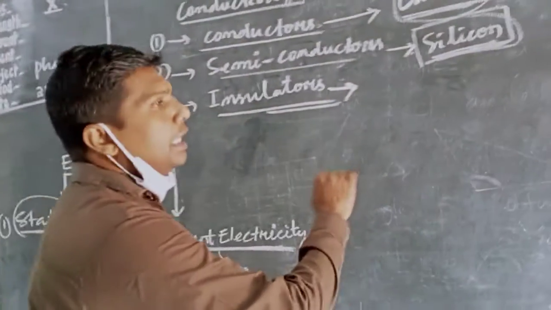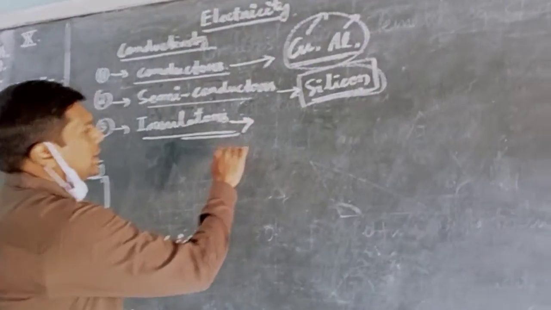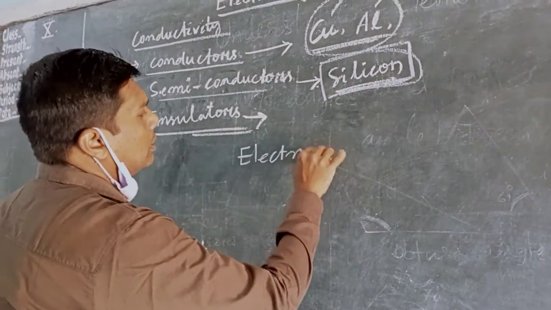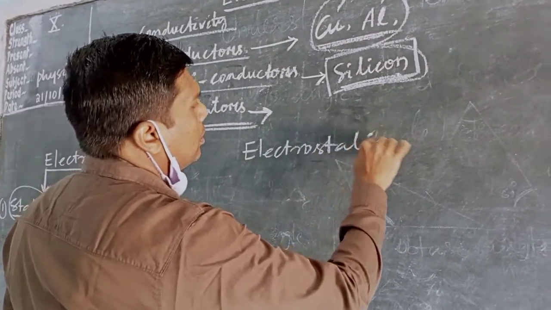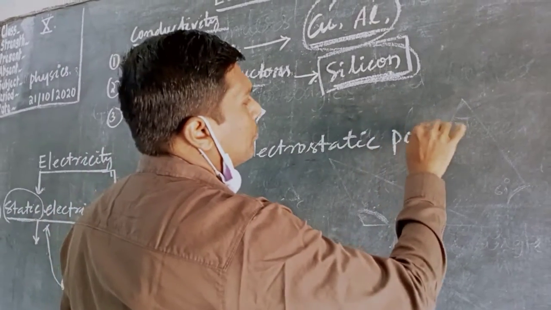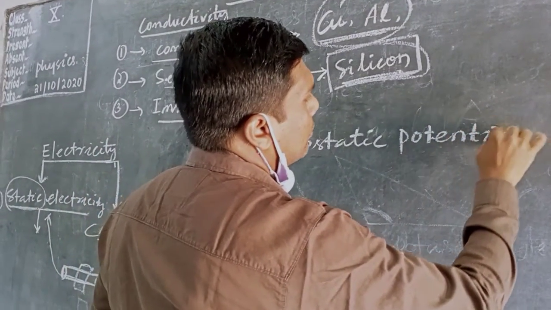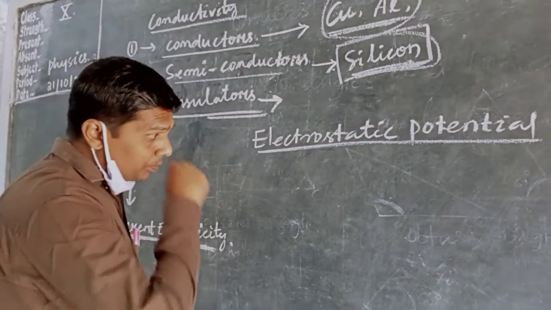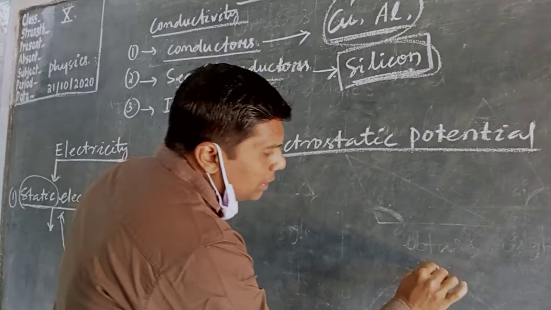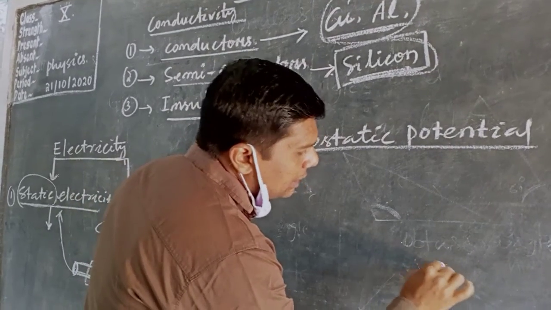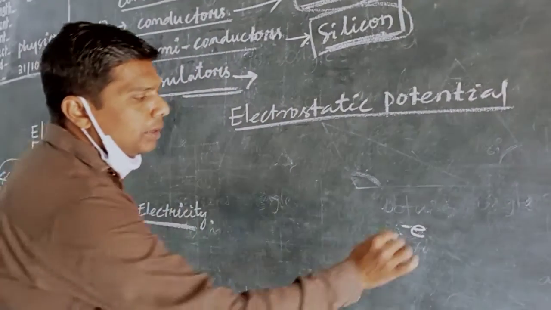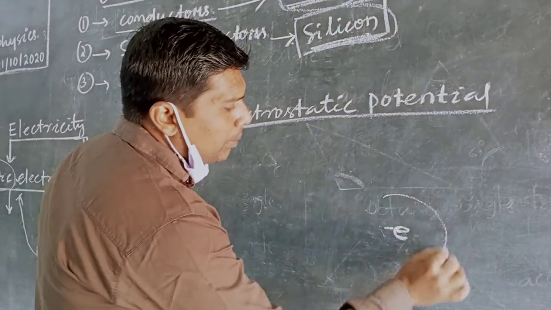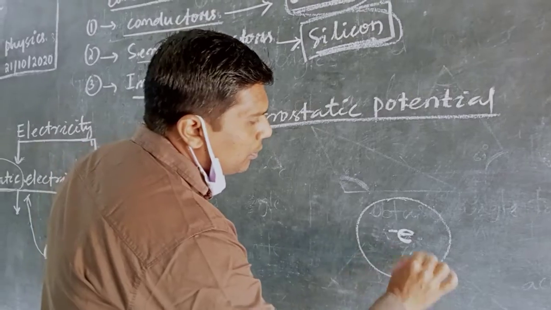Next one is electrostatic potential. What is electrostatic potential? Suppose there is one charge here. When we keep a charge at a place, it acquires a boundary.